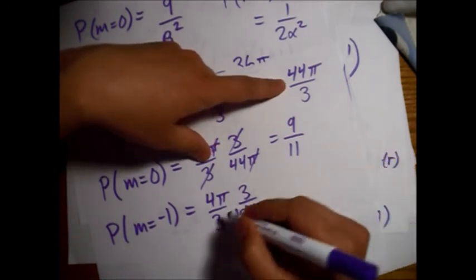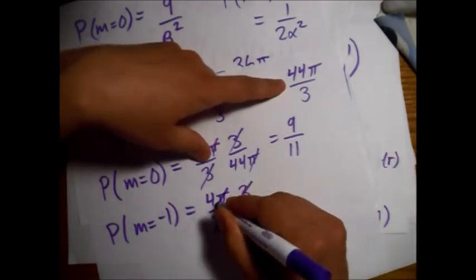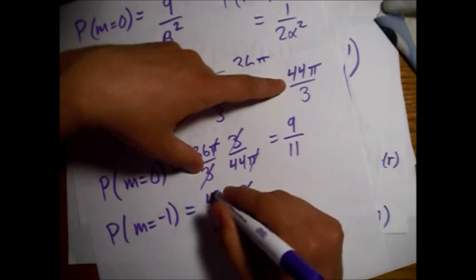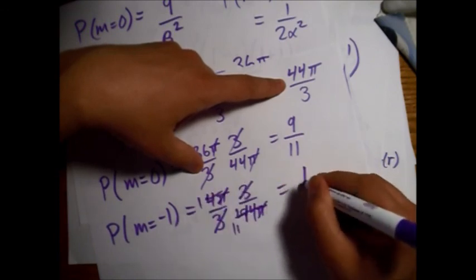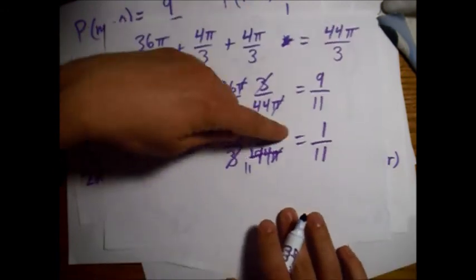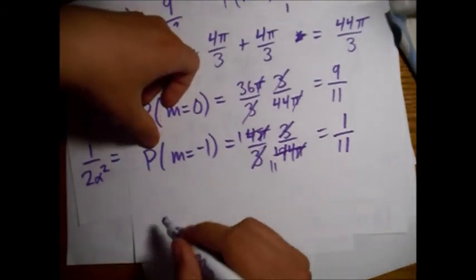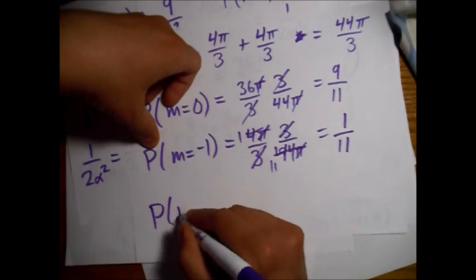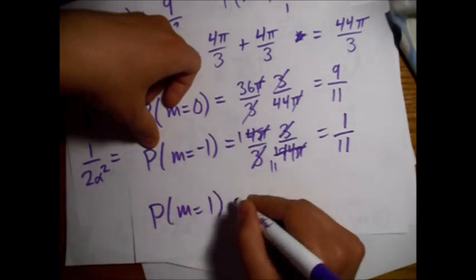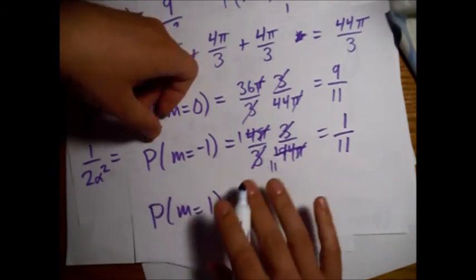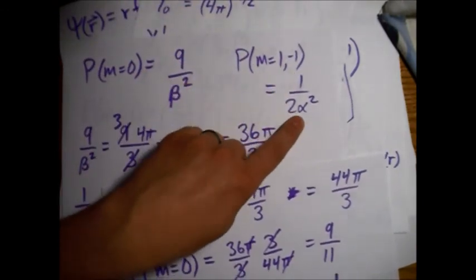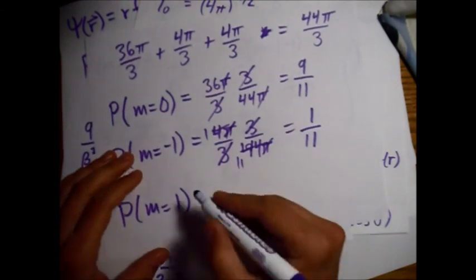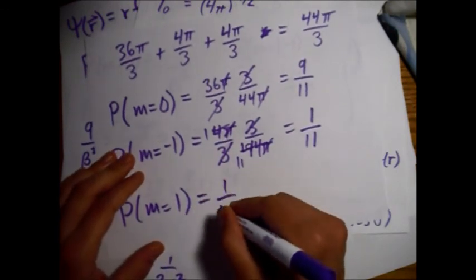The 3 is going to divide out, pi is going to divide out. Divide by 4, we get 1 over 11. So 1 over 11, and we know that the probability for m equals positive 1 is the same as that for m equals minus 1. They had the same answer when we squared those coefficients. So this is also equal to 1 over 11.